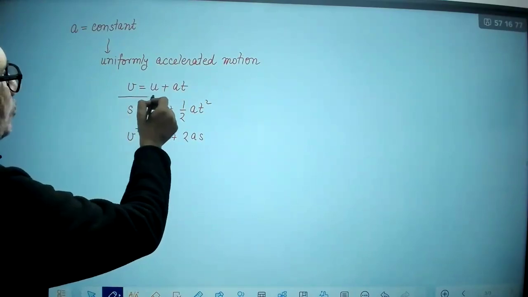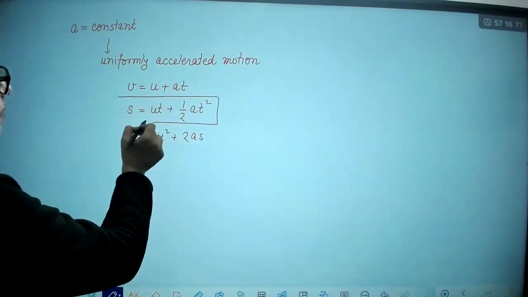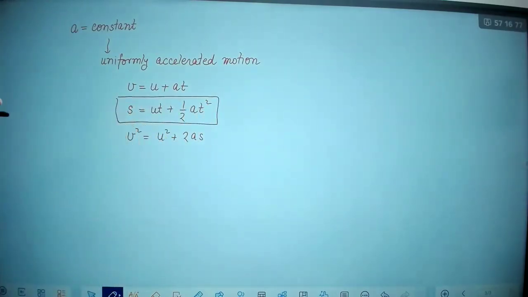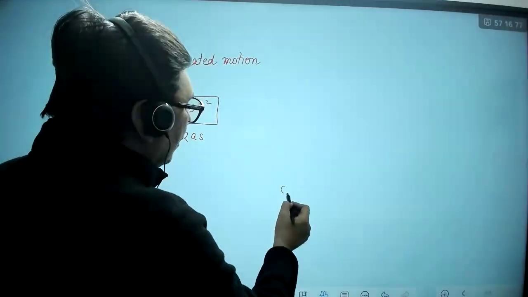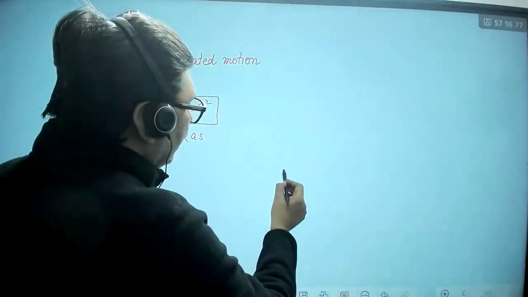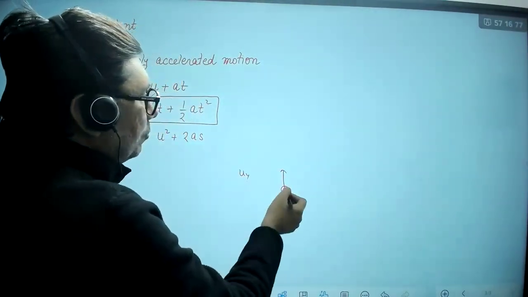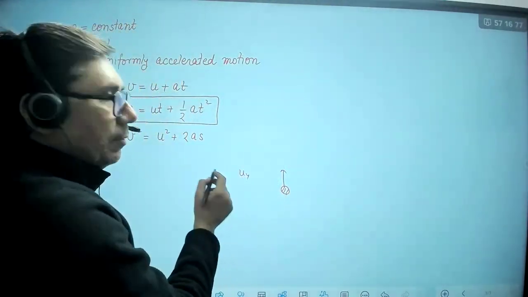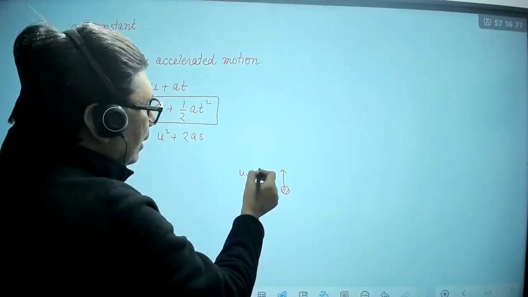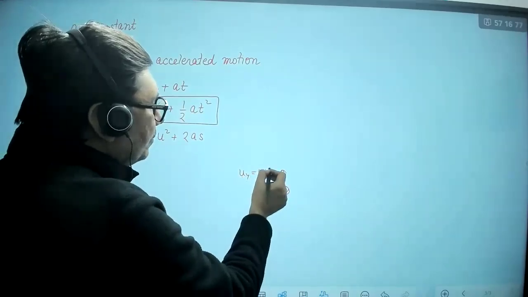So here I'm using this equation. This time the motion is that you are launching the particle in the upward direction. So the initial velocity is given as uy, because motion is in the y direction. In place of u, I am writing uy, and this is u sine theta.